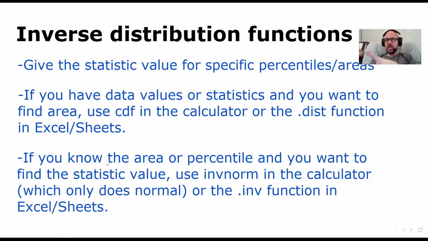So that last bit of what we were doing, finding the 95% or whatever percent we want, I hope it's clear that we can do the middle 80%, middle 20%, or the middle 74%, or whatever percentage we want. Then we would want the inverse norm function, the norm.inv function in Excel or Sheets. And I think that's all I really want to say about inverse distribution functions. They're very useful, and this is how we're going to use them.